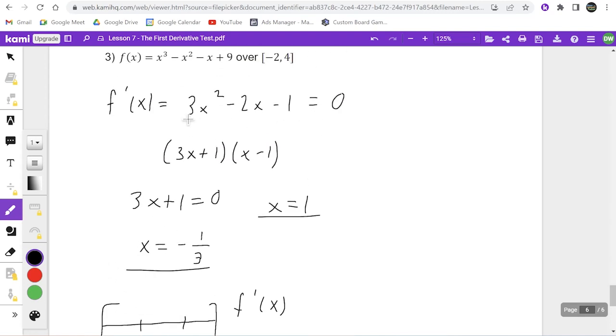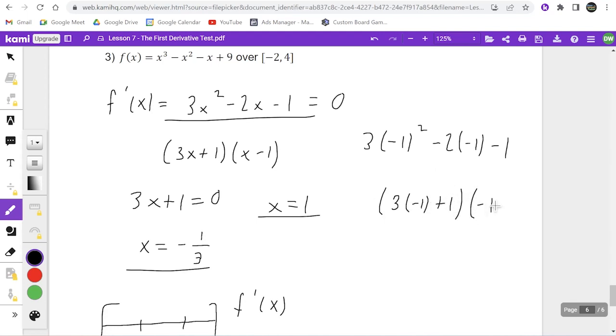If I plug in negative 1 here, it's not terrible, but it's 3 times negative 1 squared minus 2 times negative 1 minus 1. As you can tell, that's not terrible, but if you got a really hard value for x with squares and cubes in it potentially, that's going to be really annoying. Compare that to plugging negative 1 into the factored form: 3 times negative 1 plus 1 times negative 1 minus 1.